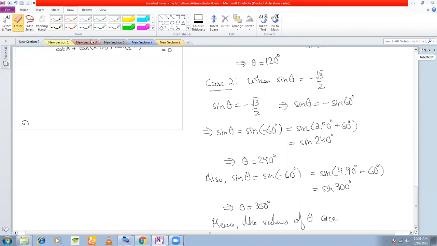Case 2, 240 and 300. So these four are the values, right? So moving on to the next problem.